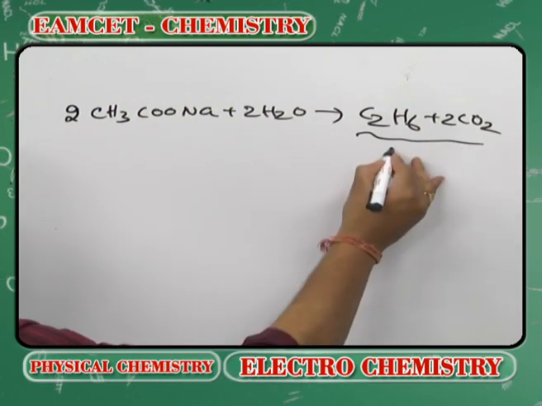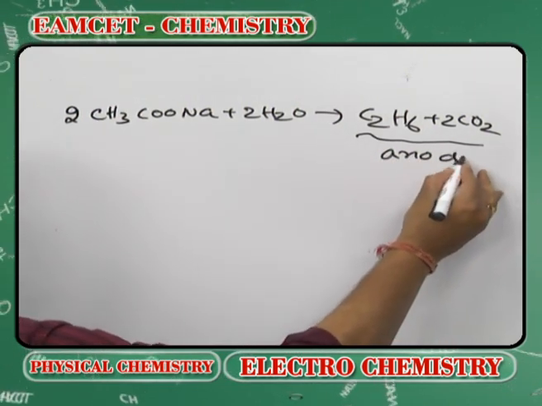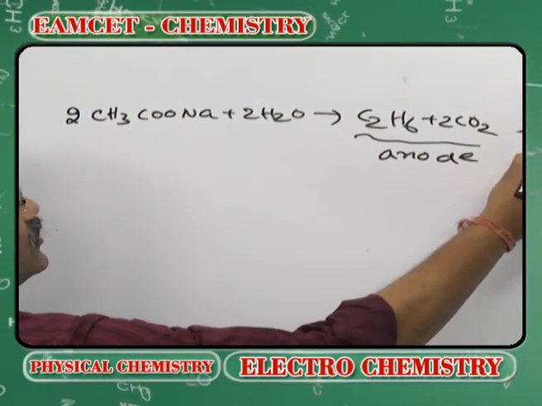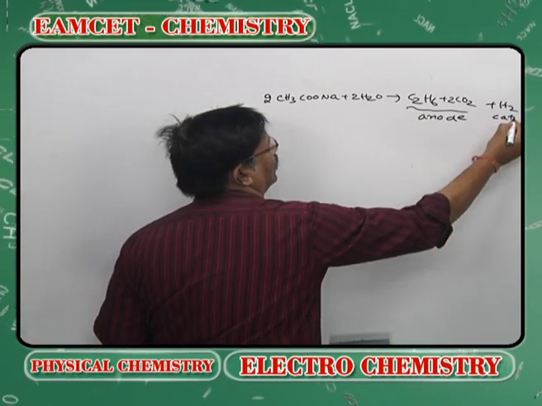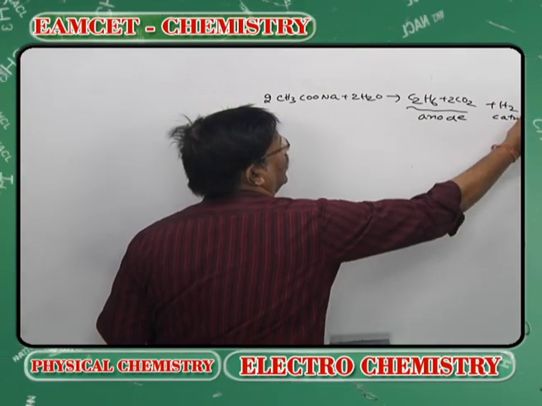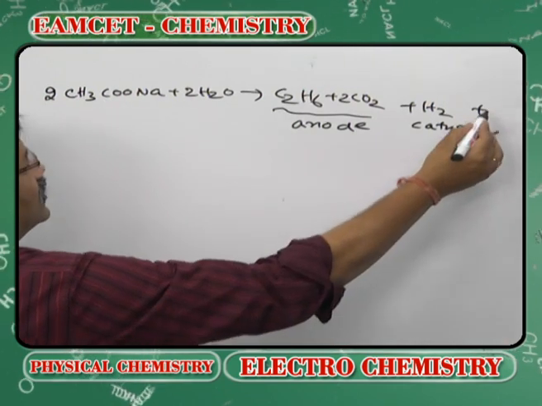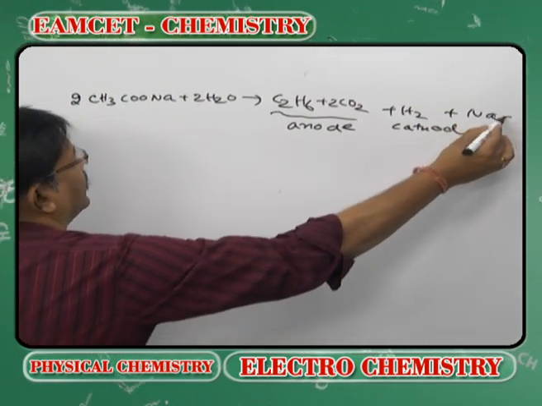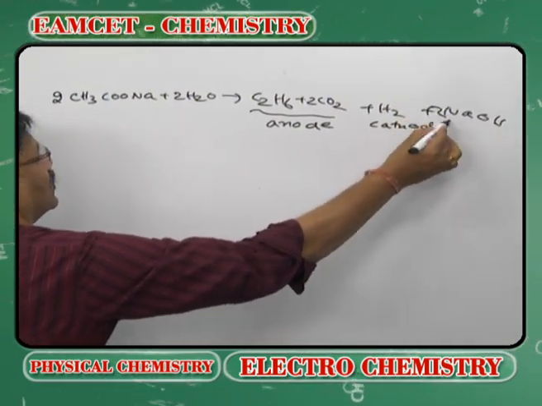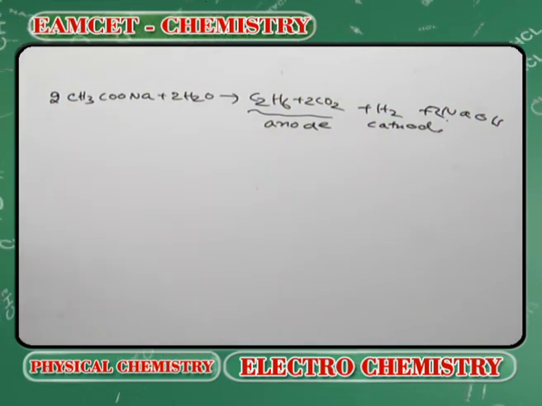These gases are obtained at the anode, plus hydrogen at the cathode, and NaOH will be obtained in the solution.